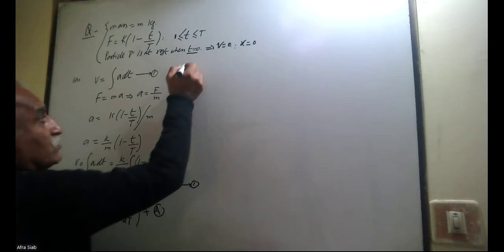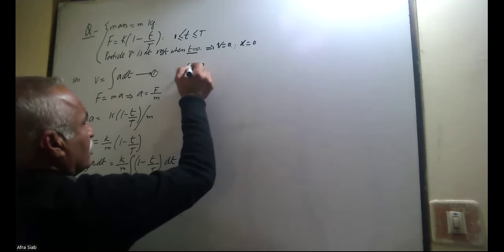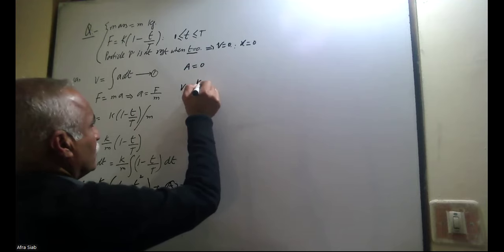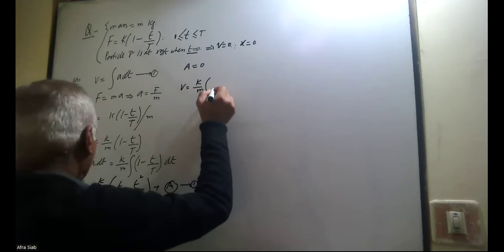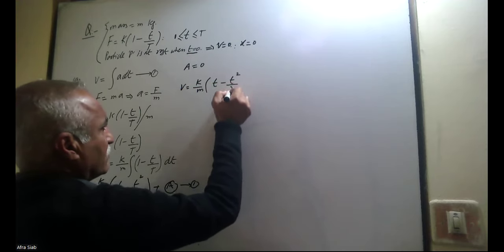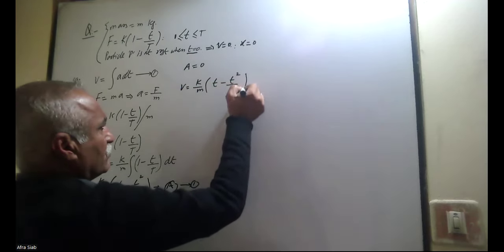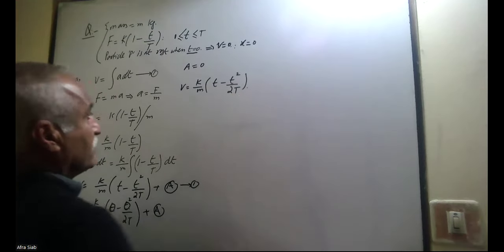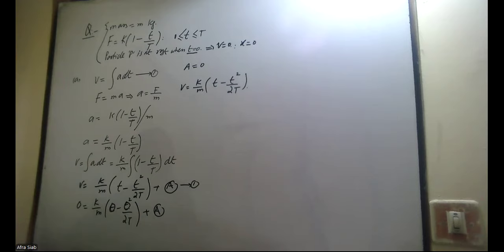So the value of A is equal to 0. So our final velocity is equal to k/m (t - t²/2T) within the interval from 0 to T seconds. So this is the velocity equation.